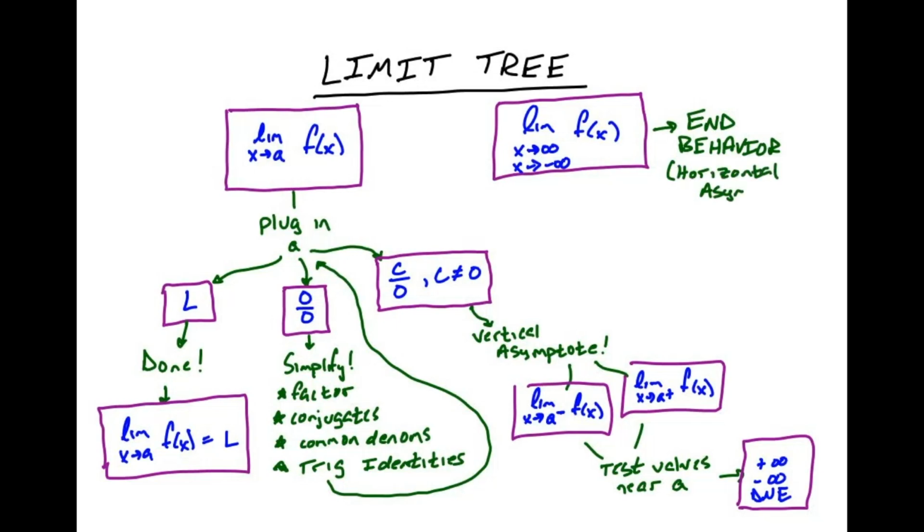Now we have other videos regarding precisely this that give you some shortcuts to doing that, but this is just a general overview. So all we need to know is that when we see this type of limit, we are just looking for the end behavior, and there's only three possible outcomes that could arrive from looking at the end behavior of a function.